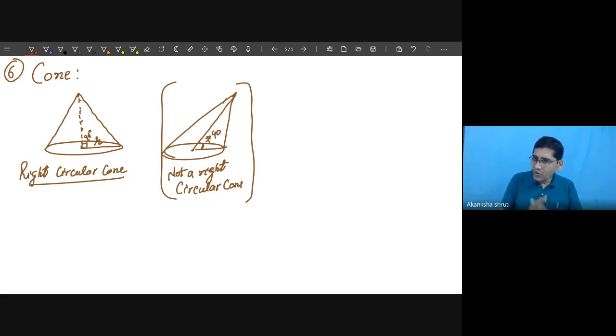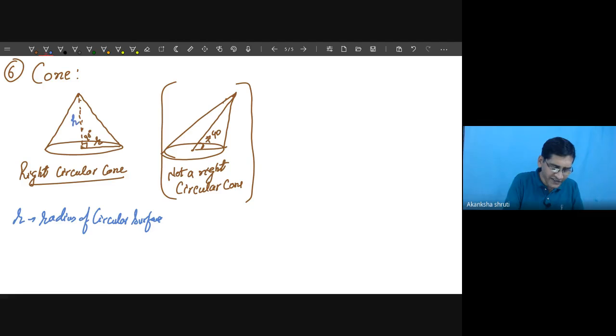For this cone, what are the parameters or the things by which this cone can be described? Very first we have the radius r. R is the radius of the circular surface. Another is the height.